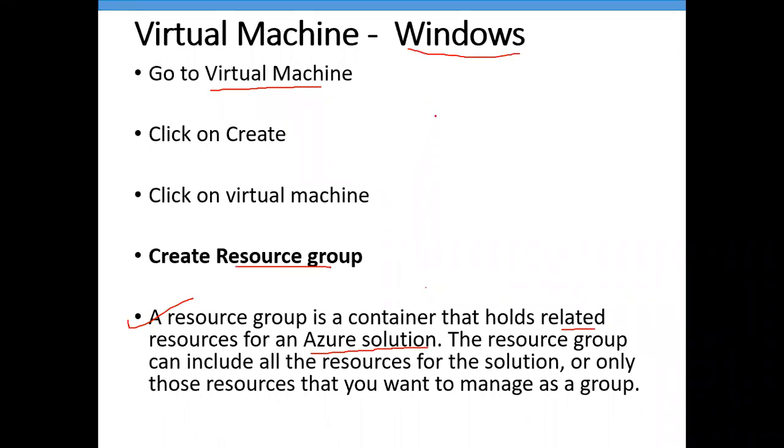It's like a folder, like a container to me. Under that, I can create whatever resources I want to create. So there is one place where we can see all our resources, and that is the resource group. Under that, we can see all our resources.